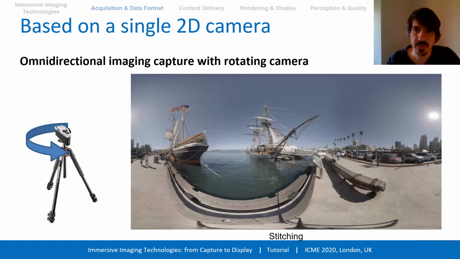So in this example, we're showing what actually corresponds to a panoramic capture, but full spherical setups are also possible. It's fairly easy to implement nowadays, and there are readily available motorized platforms which can be controlled with a smartphone.